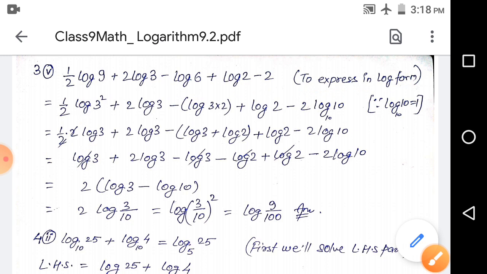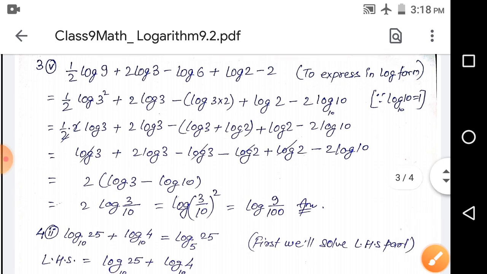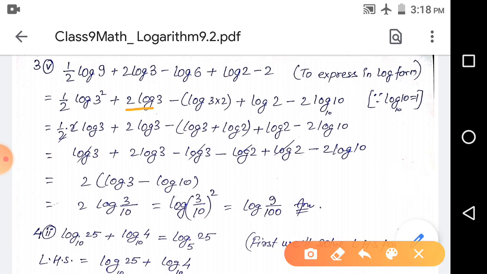Now see here we have 2 log 3, so this 2 log 3 is written as 2 log 3. Now see this one, we have log 6, so that means we can write this one as log 3 into 2, and this log 3 into 2 becomes log 3 plus log 2, using the product law here. This 3 into 2, that means m into n.